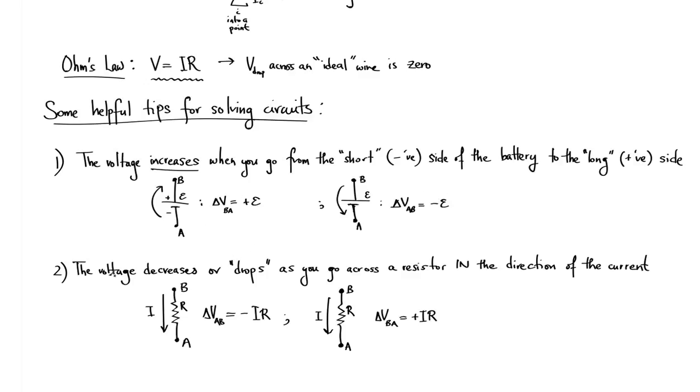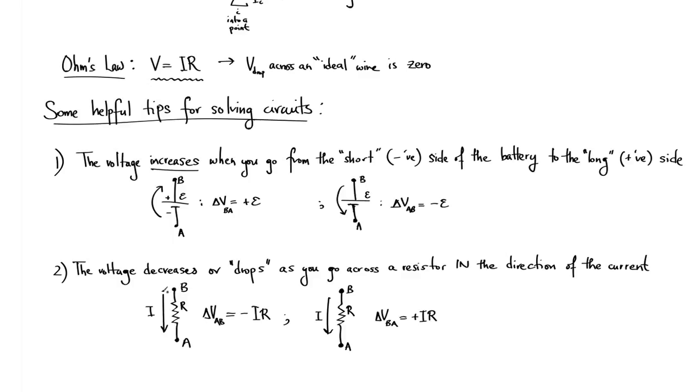The voltage decreases or drops, so we often say the voltage drop across a resistor, meaning the decrease in the voltage as we go across a resistor. The voltage decreases when we go across a resistor in the direction of the current. So let's imagine I have this situation drawn here.